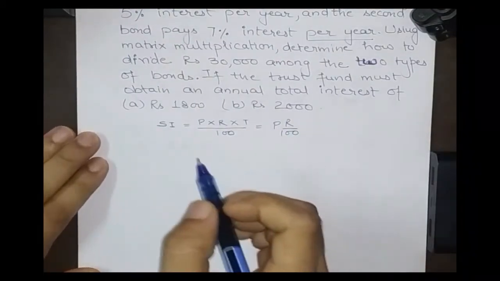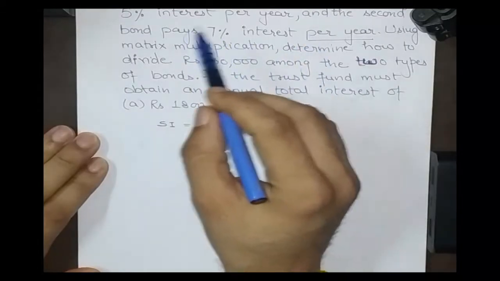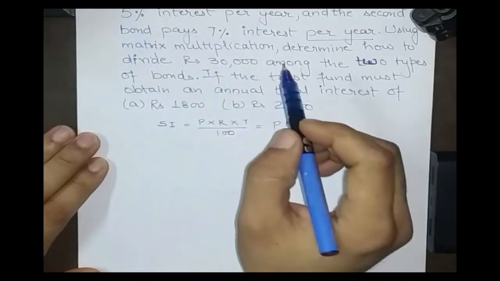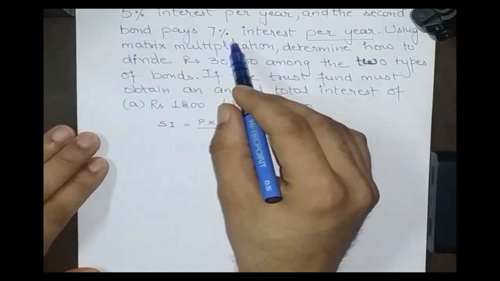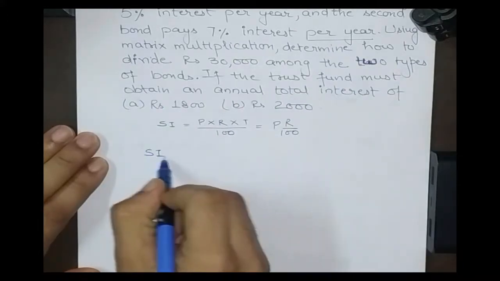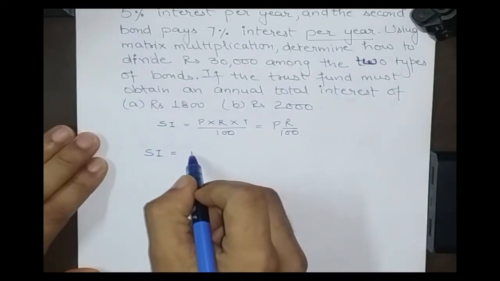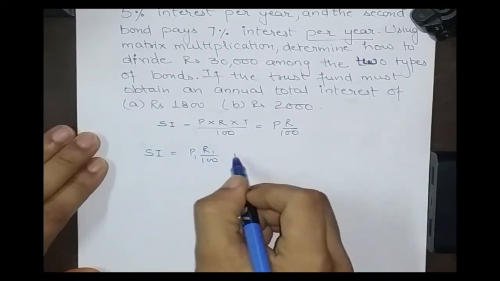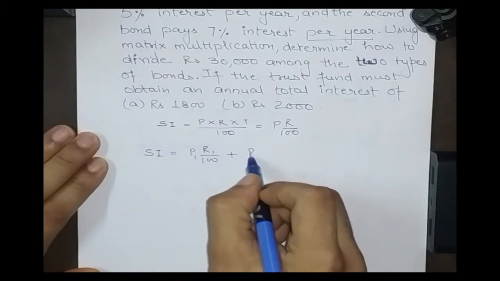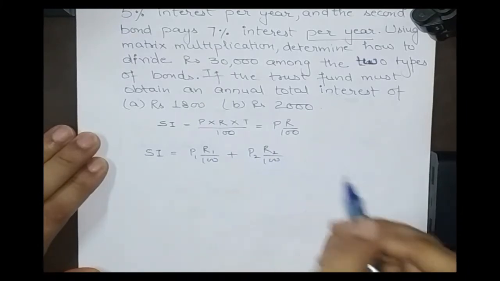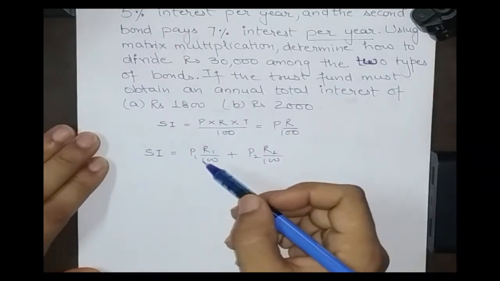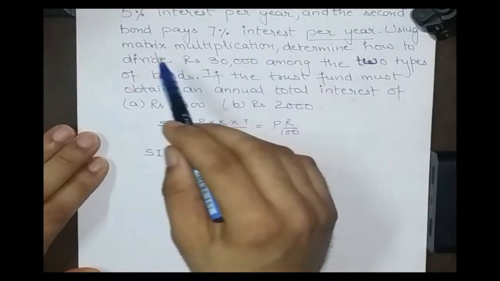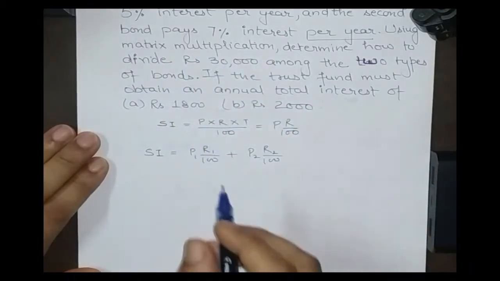Now the question says part of the amount is to be invested at 5% interest and the other part at 7% interest for 1 year. This formula SI is equal to P1 R1 by 100 plus P2 R2 by 100. But what is P1 and R1 here, and how could we do it by the matrix system of multiplication?